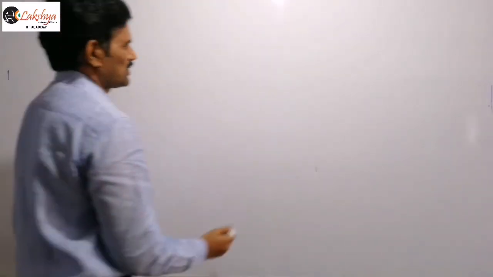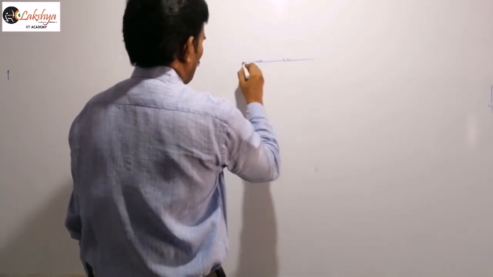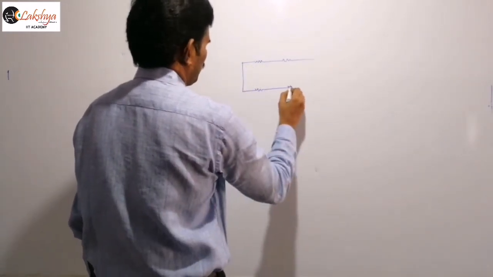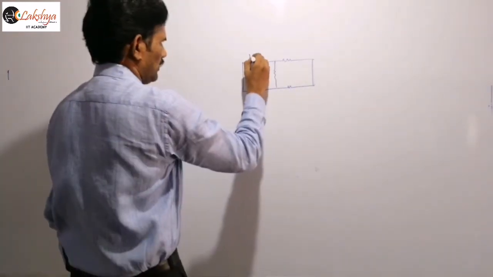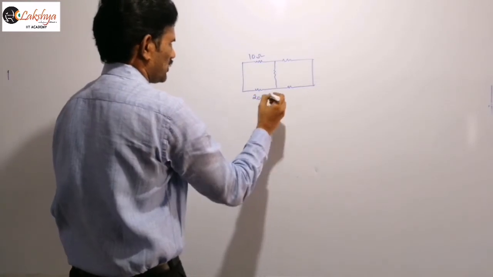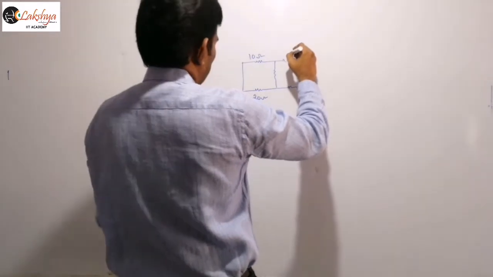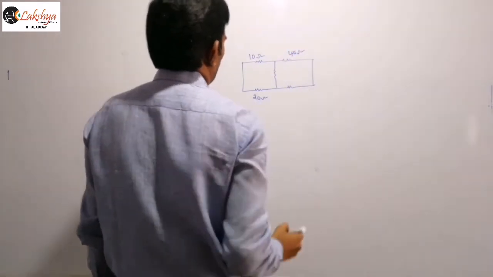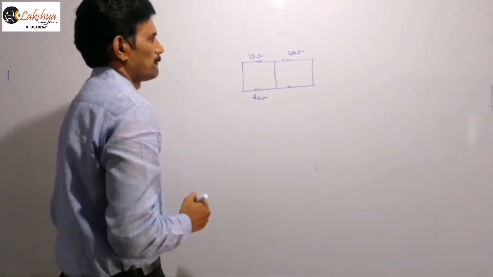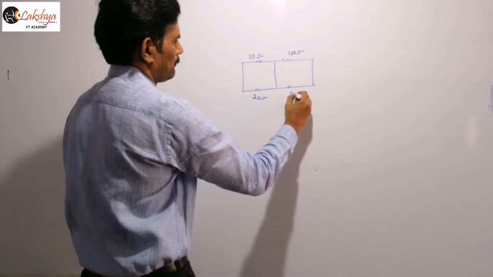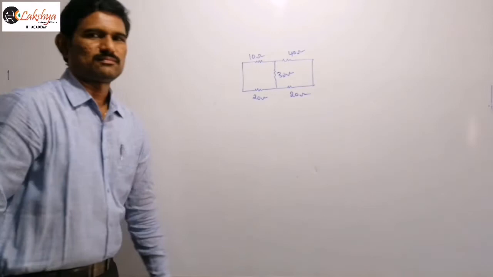Like suppose what I am saying is, if I am taking the circuit like this, this is 10 ohms and this is 20 ohms, and suppose let us take this as 40 ohms and this as 20 ohms. Let us take this as 30, right?